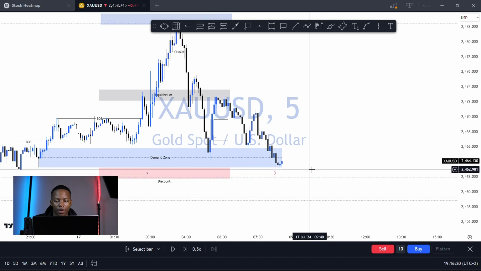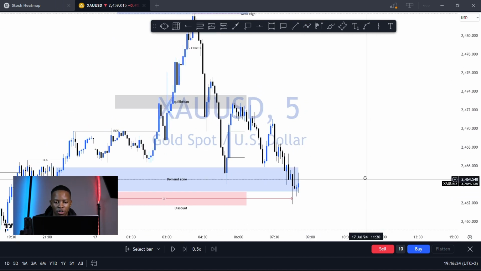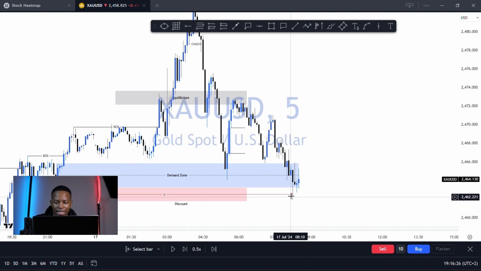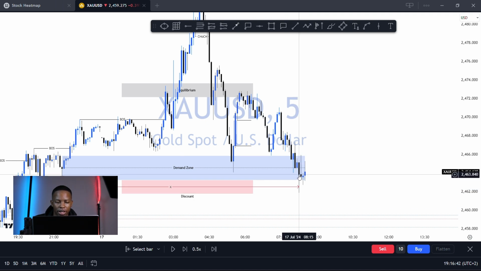Okay. So when we have our liquidity sweep right here, this is a liquidity sweep because, as you can see, this candle right here failed to close with the body, right? We wanted to see the body close right over here, but instead we got the wick, and then the body closed above it, right?